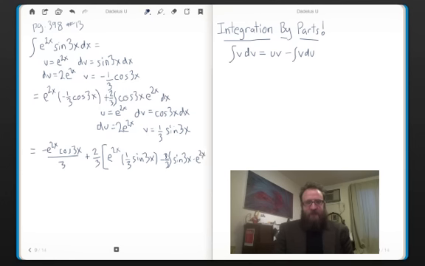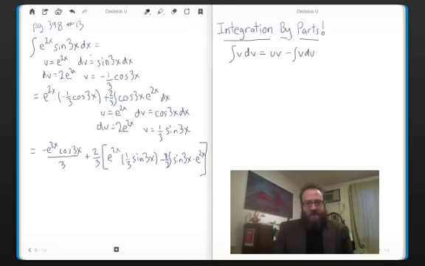Now, don't panic, but look what's happened. The integral to which we have arrived is the same integral with which we began. It's the integral of the sine of 3x times e to the 2x. Well, that's where we started.